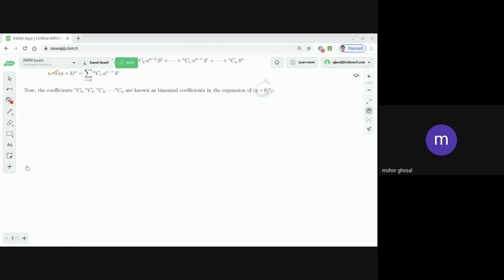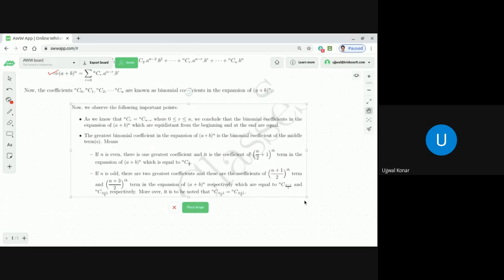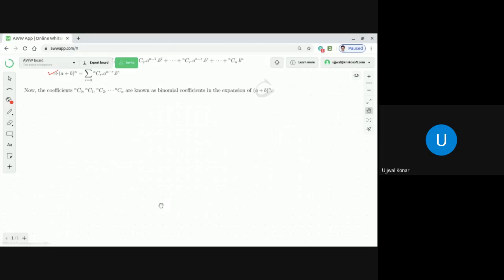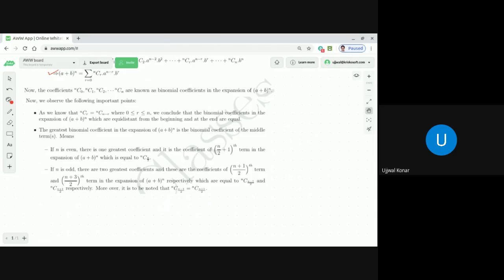Right? So keeping this in mind, as we know that nCr is equal to nCn minus r, where r is from 0 to n, we conclude that the binomial coefficients in the expansion of a plus b power n, which are equidistant from the beginning and the end, are equal.